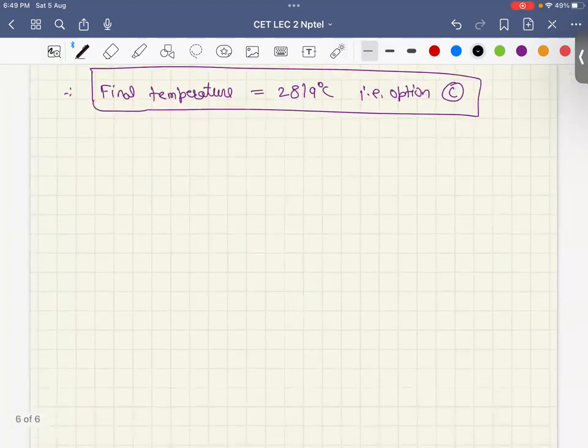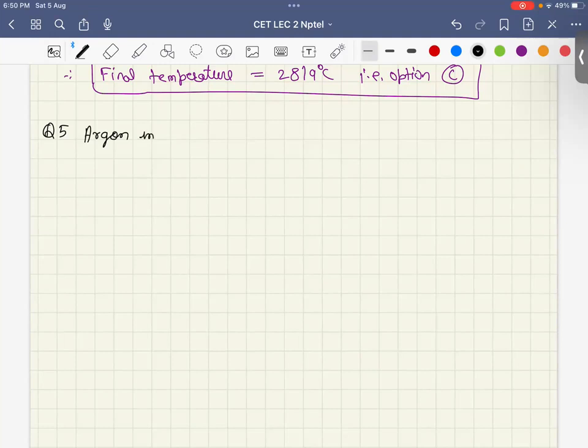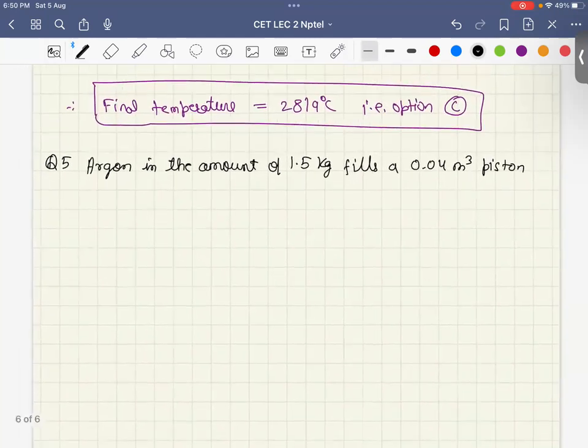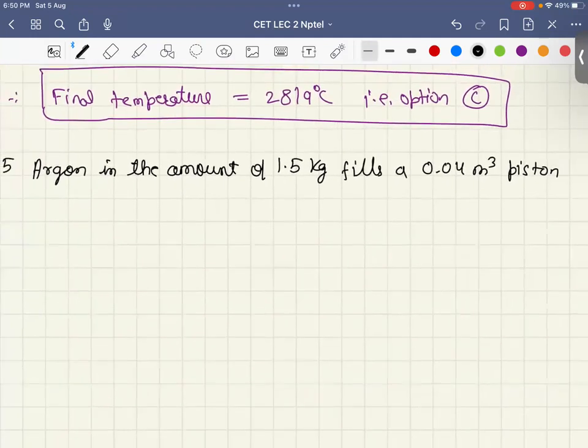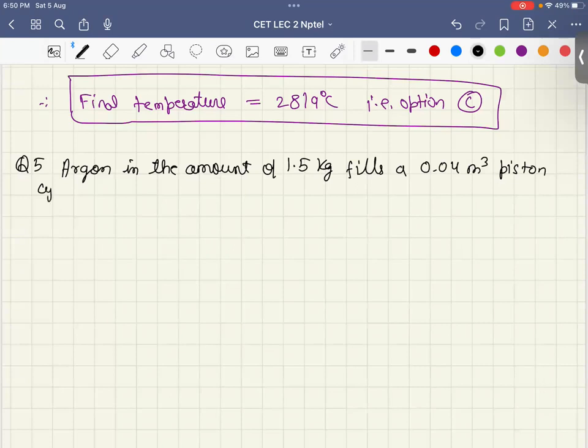So what we have is argon in the amount of 1.5 kg fills a 0.04 meter cube piston cylinder device at 570 kPa.